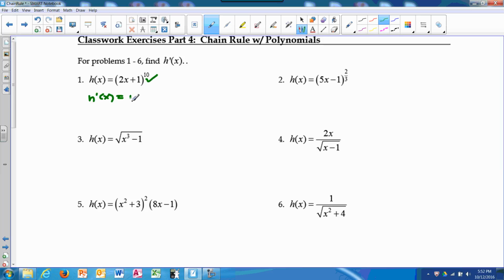Okay, so some classwork on using the chain rule. I'm going to take the derivative of the outside, reduce the power to 9, so subtracting 1, times the derivative of the inside.